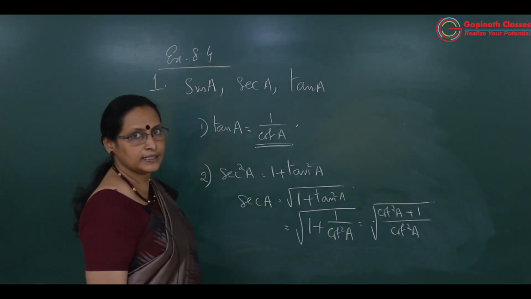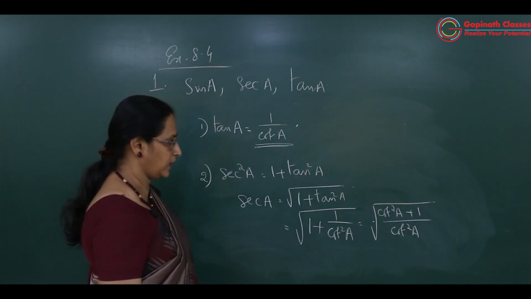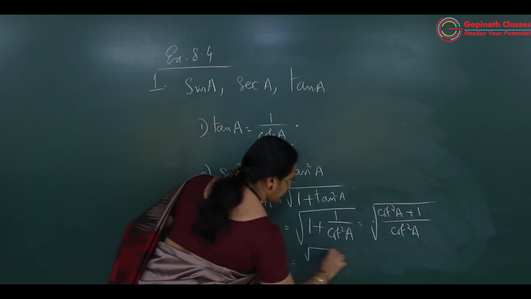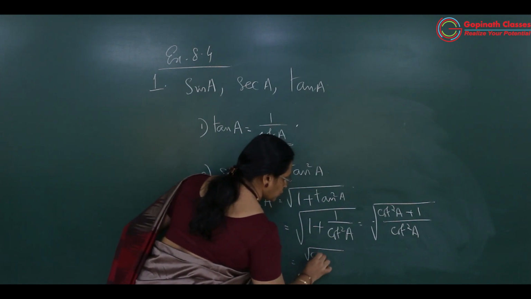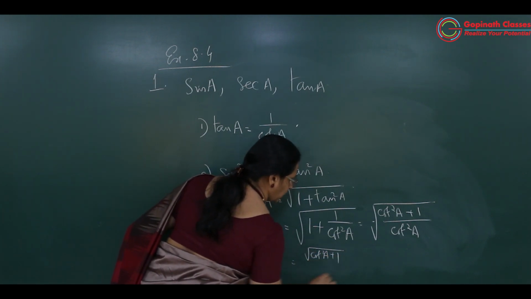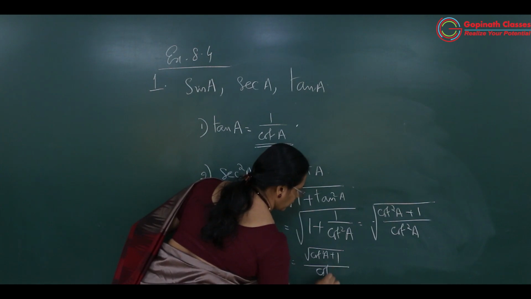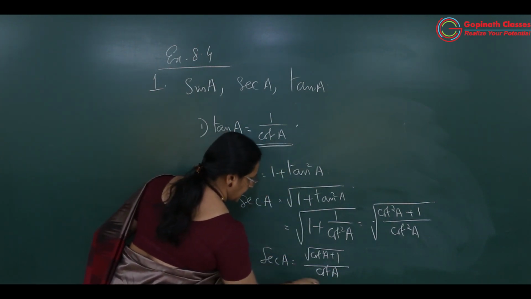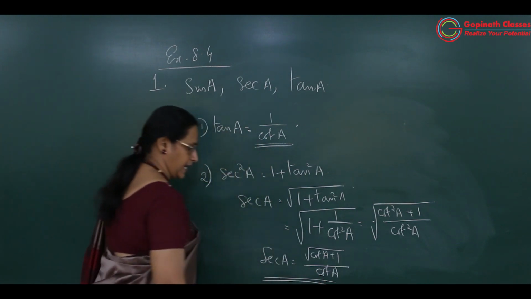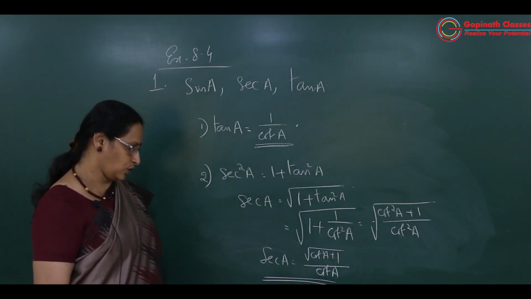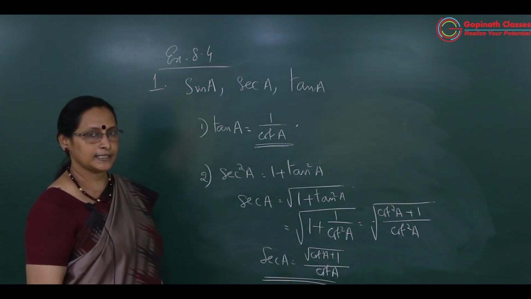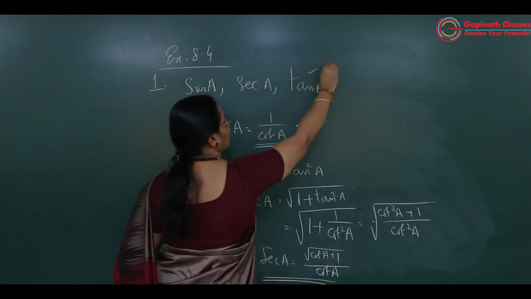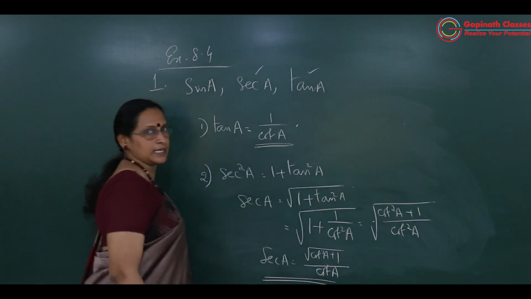Now denominator is perfect square cot square A. I can remove it from the under root. So I can write very clearly cot square A plus 1 upon cot A. So sec A can easily be expressed as under root of cot square A plus 1 upon cot A. So tan A we expressed as cot A, sec A we expressed as cot A.